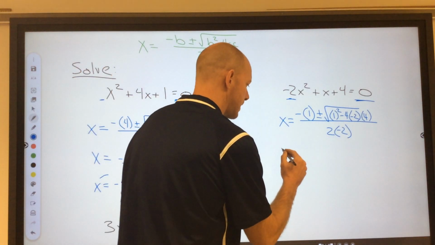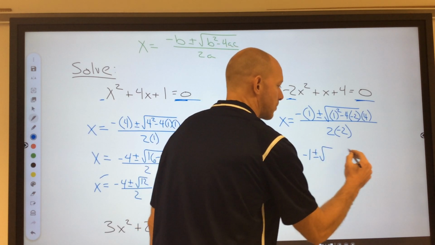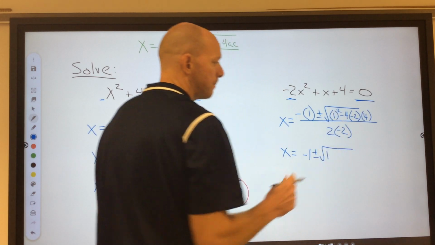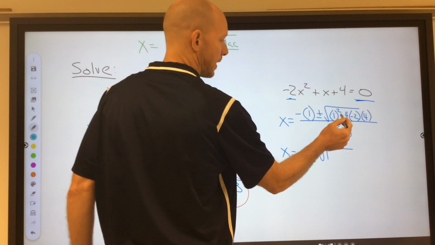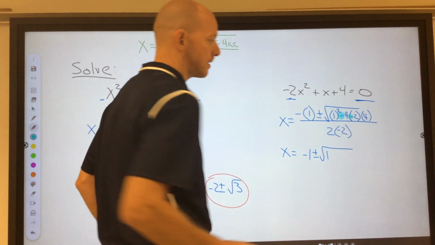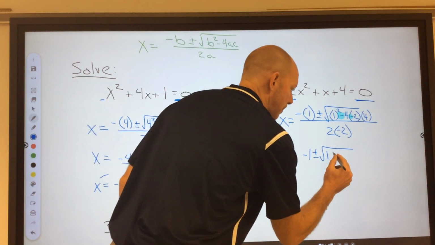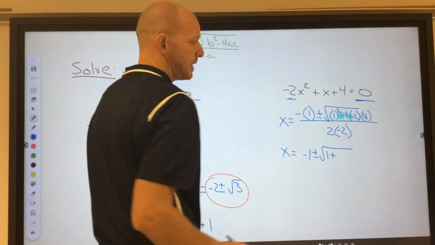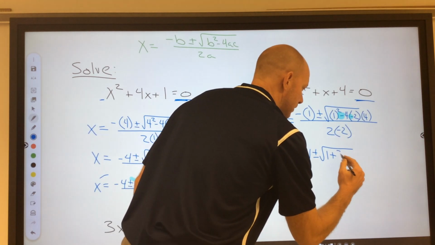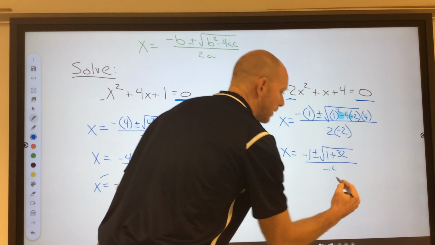In the actual simplifying process, I get negative 1 plus or minus the square root of 1. Now, I see that I have 2 negatives here, a negative and a negative, so I'm actually going to be adding, or I'll have a positive here. And then this is going to be 4 times 2, which is 8, and 8 times 4, which is 32. All of that over negative 4.